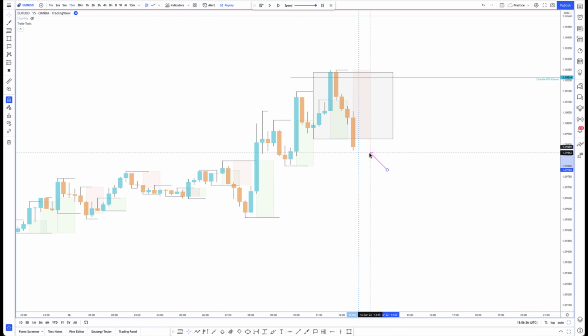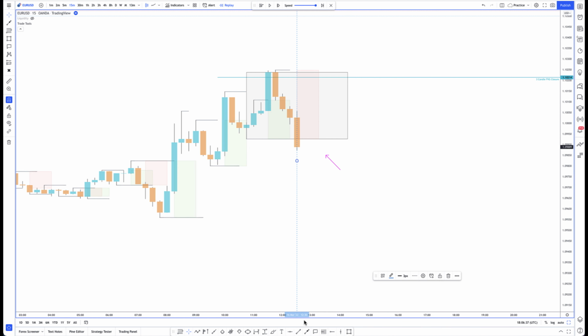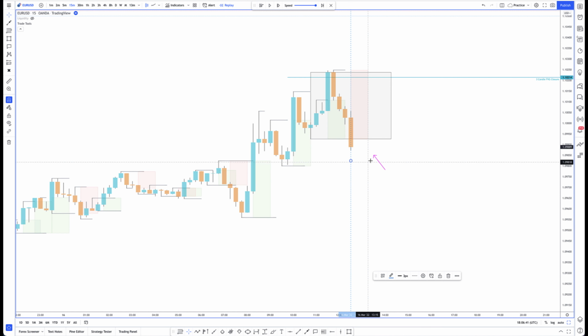This setup has one very peculiar problem, which is the problem of FOMO. So imagine the setup came to us on 12:30 UTC. So this vertical line is 12:30. When this candle finishes forming, the time is 12:30 UTC. You have to be in front of the computer.